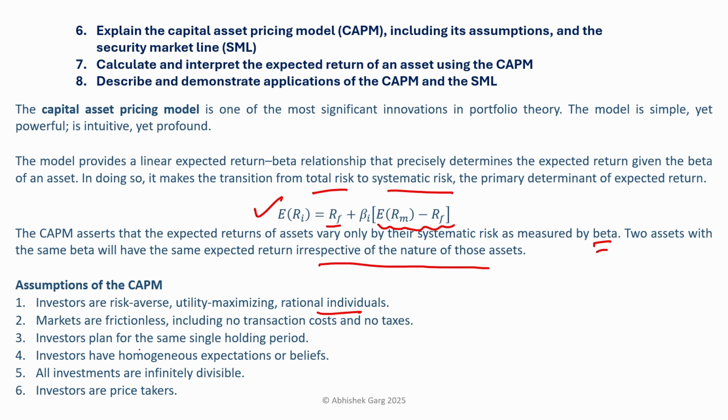It assumes that investors plan for the same single holding period, so the CAPM is a single-period holding model. Investors have homogeneous expectations or beliefs. All investments are infinitely divisible and investors are price takers. So these are the assumptions of CAPM.